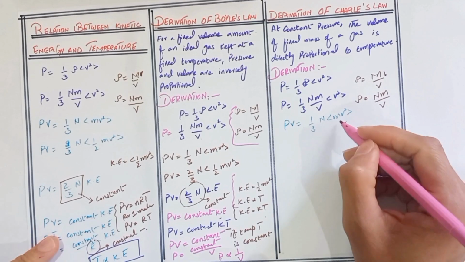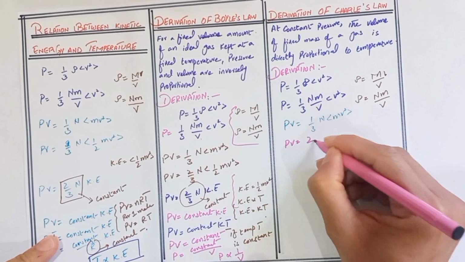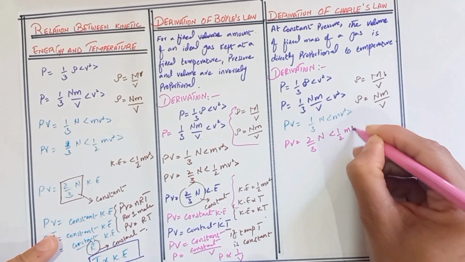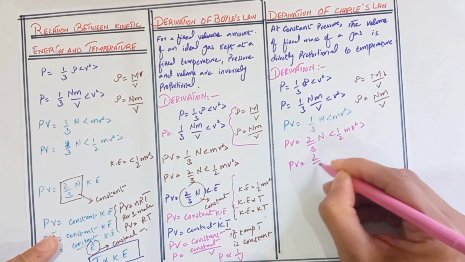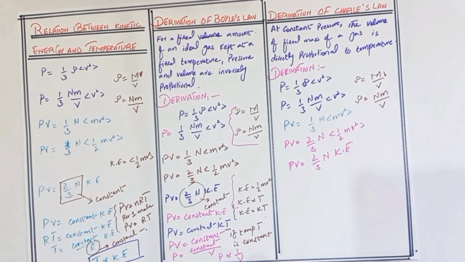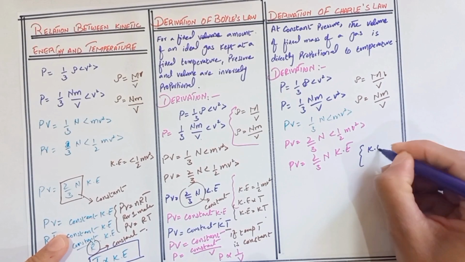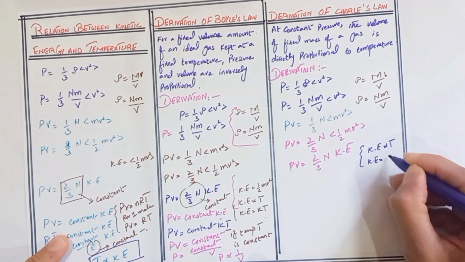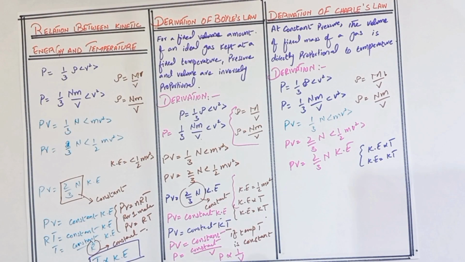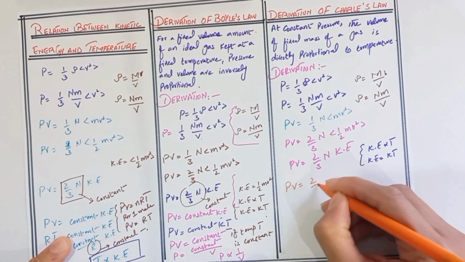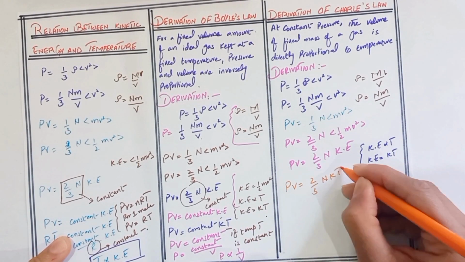If we multiply and divide by 2, half m v square is equal to the kinetic energy, so PV is equal to 2 by 3 N times kinetic energy. As we know that the kinetic energy is directly proportional to temperature, if we remove the proportionality sign, we get KT. So the formula becomes PV is equal to 2 by 3 N KT.